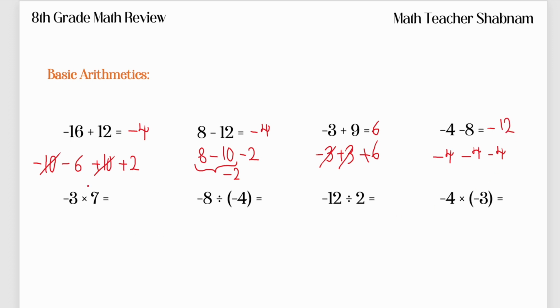Let's move on to some multiplication and division. -3 times 7 is basically -21. -8 divided by -4 loses the signs, and then we're just looking at +2. -12 divided by 2 gives us -6, and -4 multiplied by -3 gives us +12.